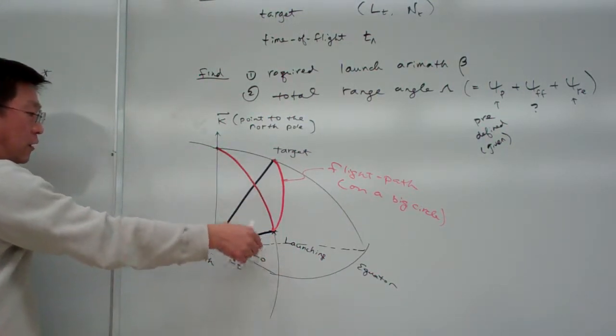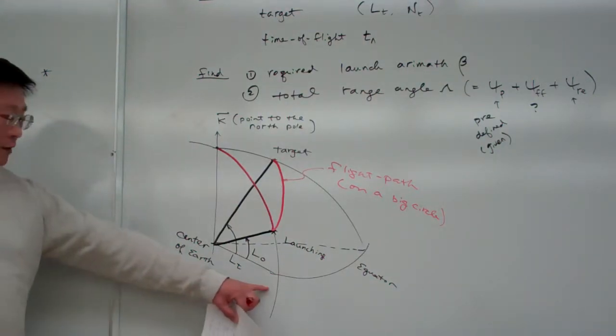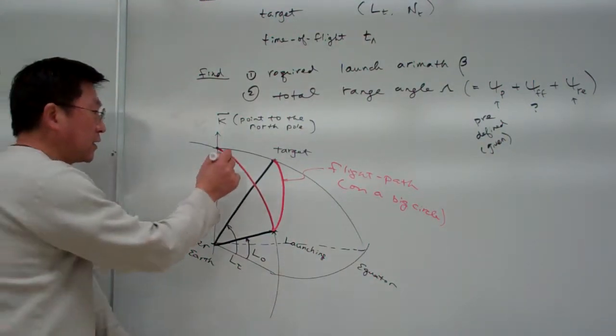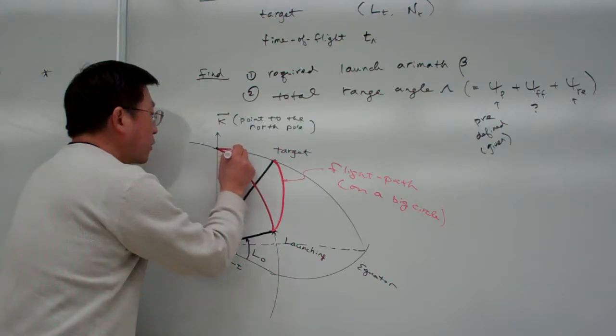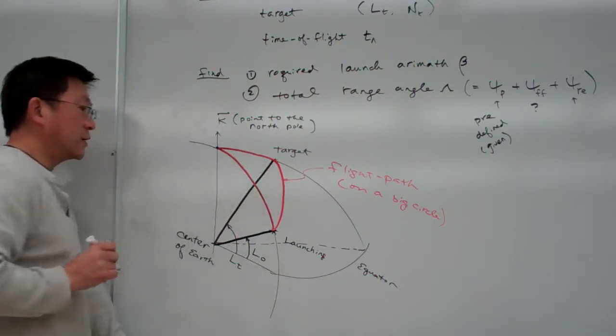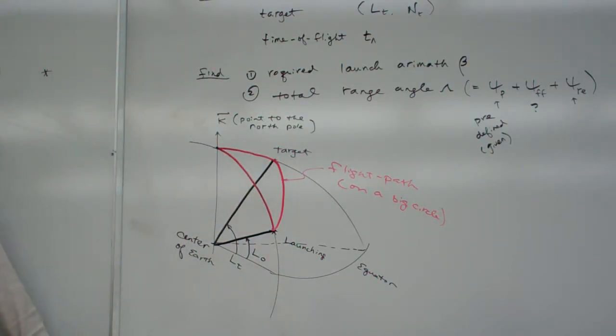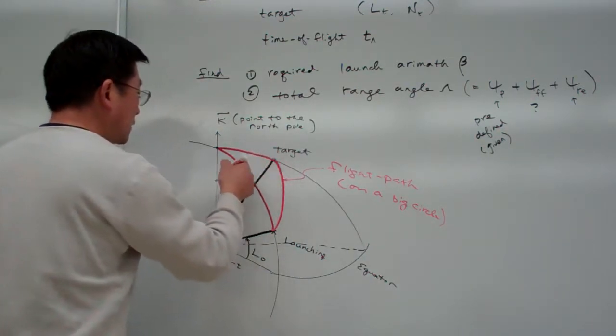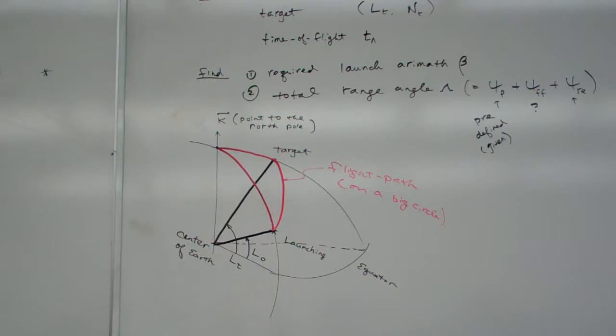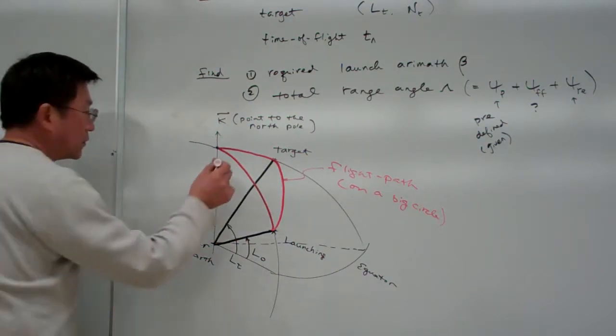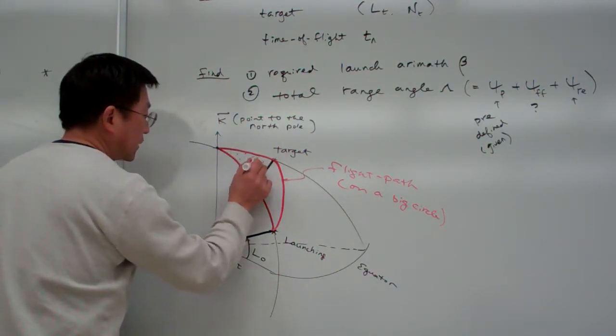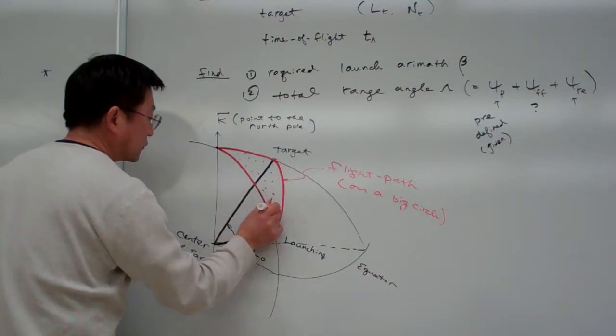This is part of the longitude of the launching site, and the other is part of the longitude of the target. Able to see it? Good. So right now we're looking for this triangle here, and let me mark this one. That is the spherical triangle we're going to use.